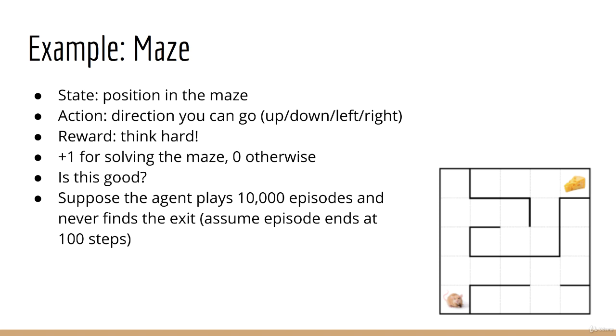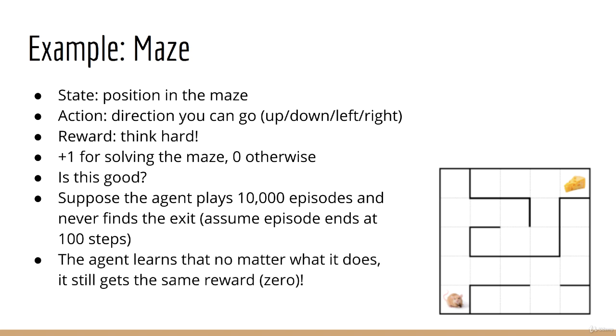Well, in that case, the agent learns that it does not matter at all what it does because doing anything always leads to the same reward, 0. In this case, the agent has no incentive to solve the maze. Your agent will never prioritize one action over another because it knows that no matter what it does, it always gets 0 reward. In this case, all actions are equal.